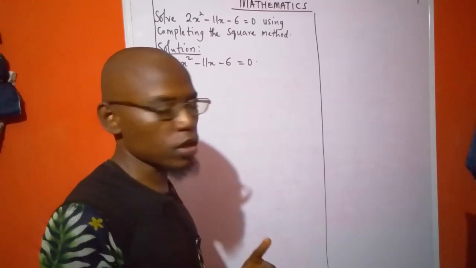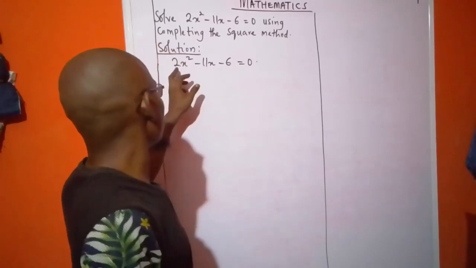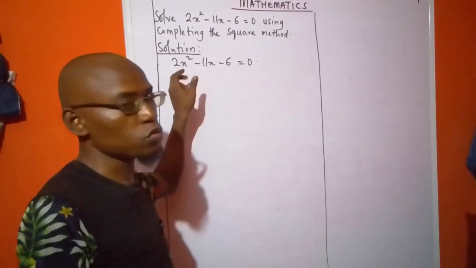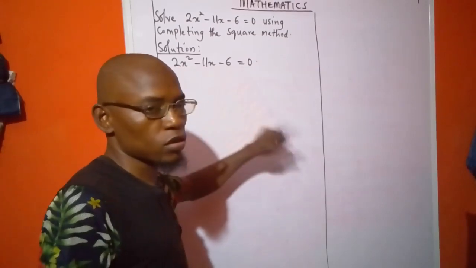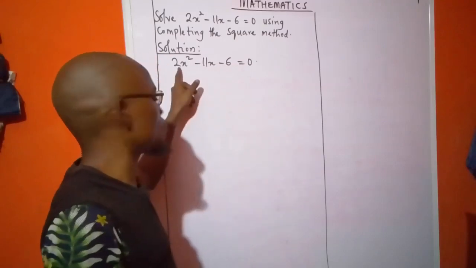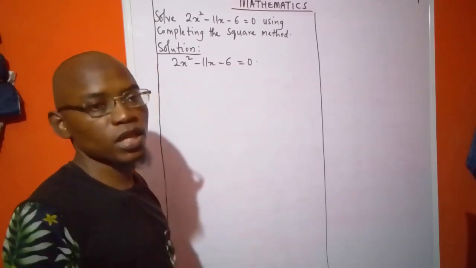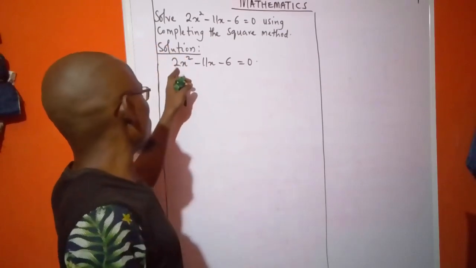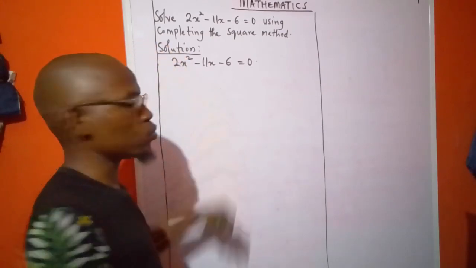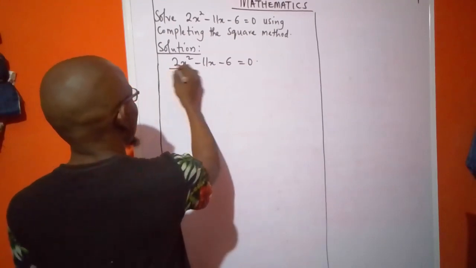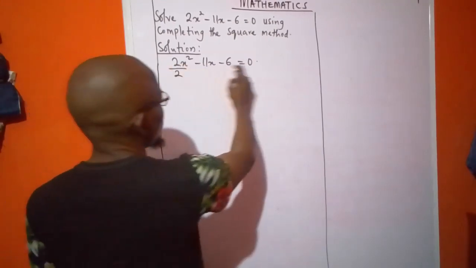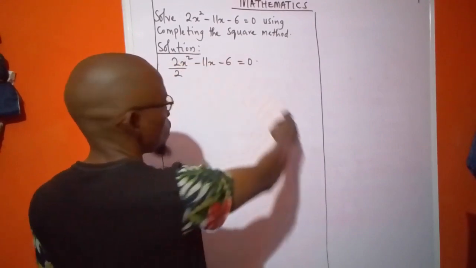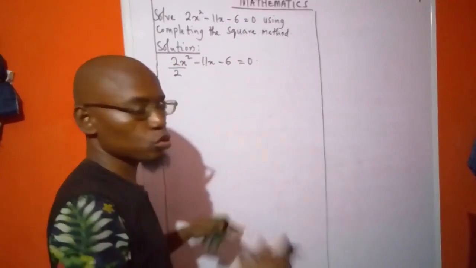Are we together? Okay. The coefficient of x squared here is 2, which means we can't continue with completing the square until we take care of this 2. So how do we take care of the 2? We make it 1. And how is that possible? Divide everything you have here by 2.